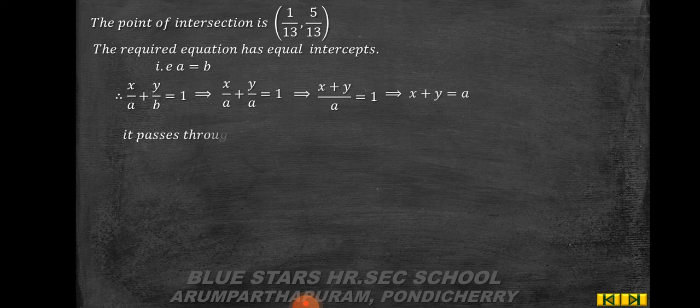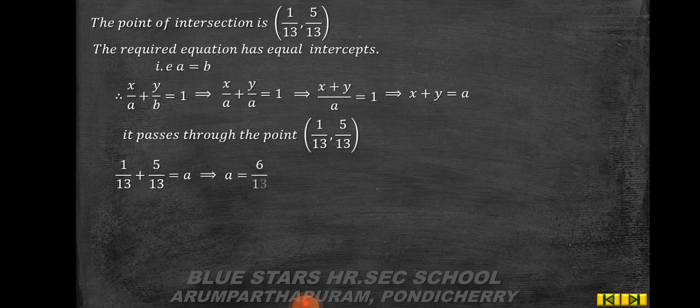That is, it passes through the point (1/13, 5/13). That is 1/13 + 5/13 = a. a = 6/13. Therefore, the required equation x + y = a, that is, x + y = 6/13.